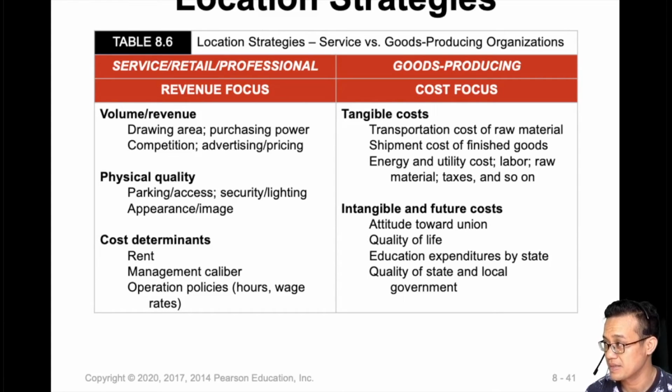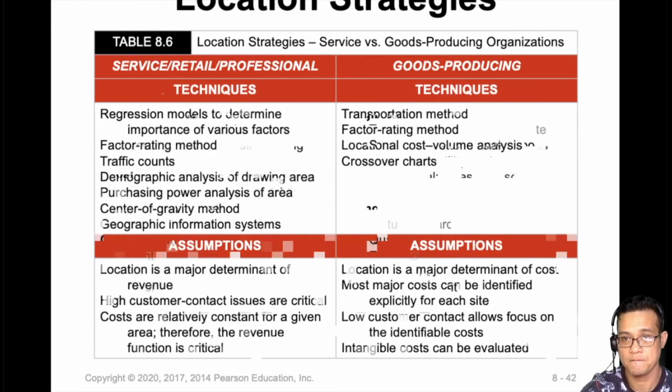The cost determinants include the rent of your facilities, the management caliber, and operation policies. While for goods products, we're talking about tangible costs, for example the transportation cost of raw materials, shipment cost of finished goods, energy and utility costs, labor, raw materials, taxes, and so on. And the intangible costs, or what we cannot see, and the future costs include the attitude toward the union, quality of life, education expenditure by state, and quality of state and local government.